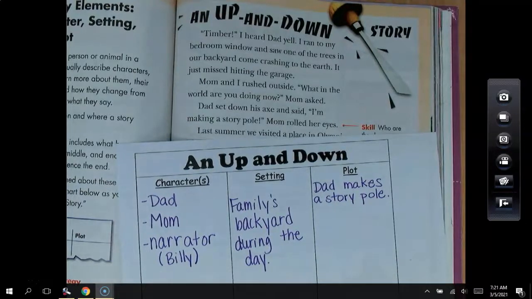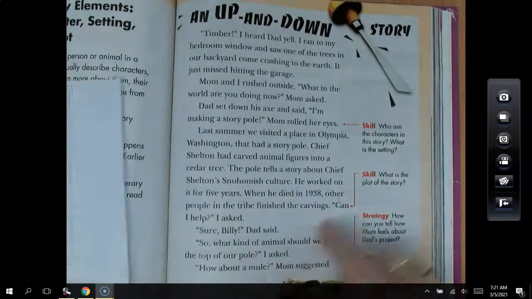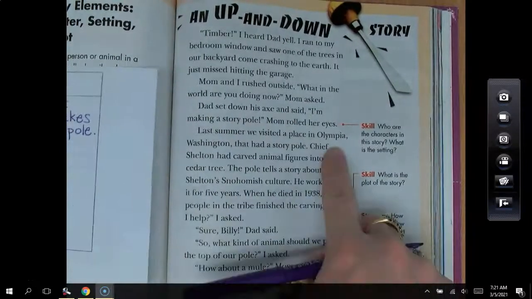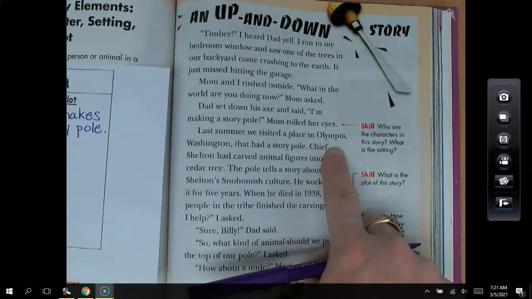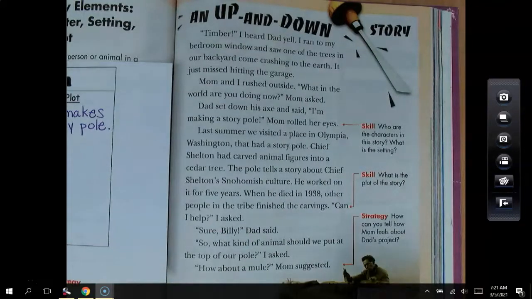Now, where do you think that Dad got this idea from? It told us in the middle of the story. Yeah, it said how they visited a place in Olympia, Washington that had a story pole. And it talked about Chief Shelton carving this story pole because he was so proud of his culture.